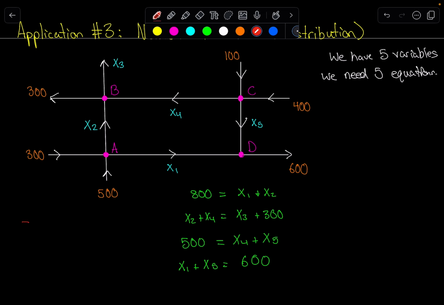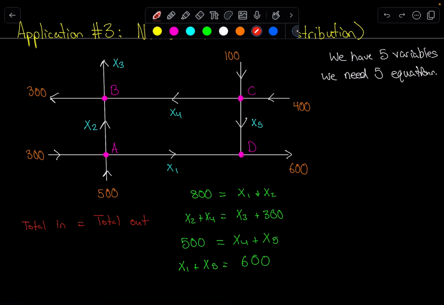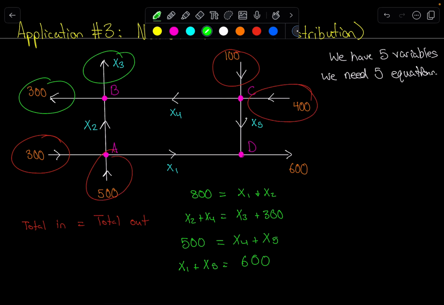The last equation comes from the total amount going in. The total in has to equal the total amount of cars going out from our enclosed system. And we view this as a closed off system because this is the parts of the streets we're analyzing. So let's look at the entire system and look at all the cars going in, and then all of the cars going out.